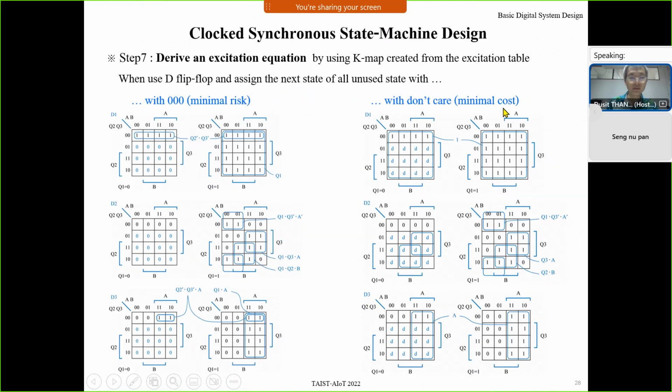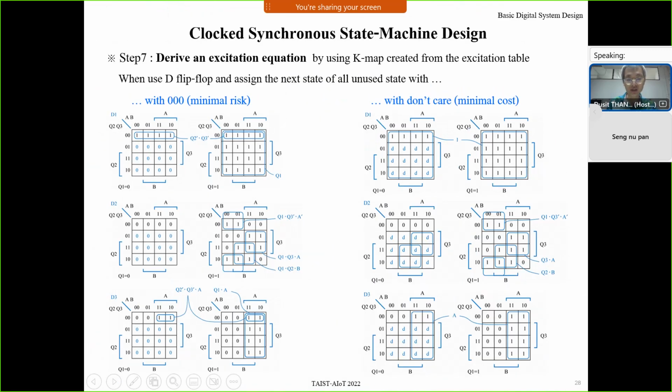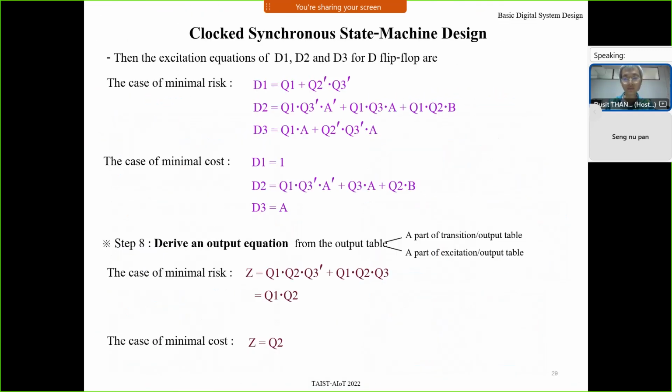But for minimal cost, I treat it as don't care at the beginning. So when you use the K-map, I just try to select as big as possible for each group. And from the K-map, you can get the equations. This is for minimal risk, this is for minimal cost.